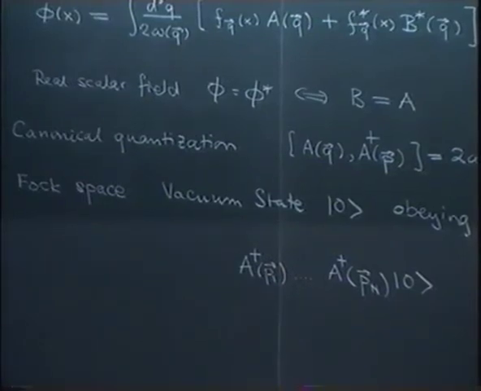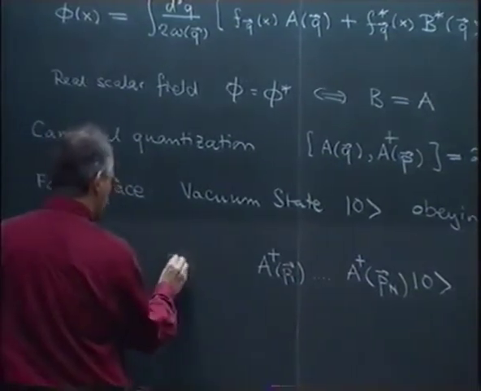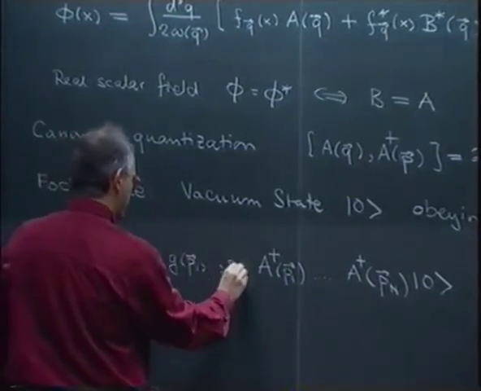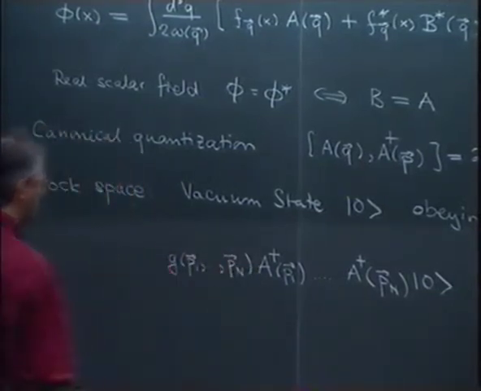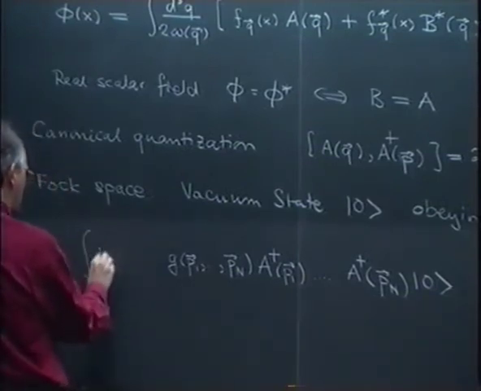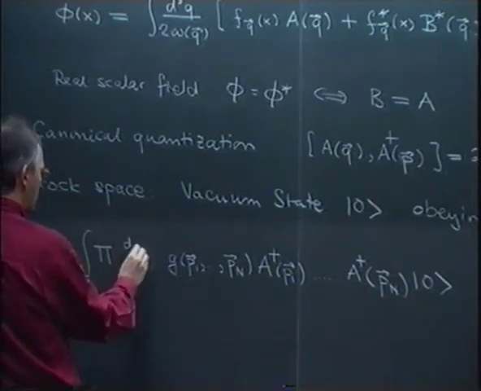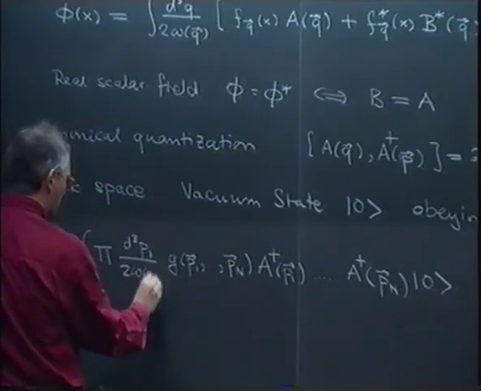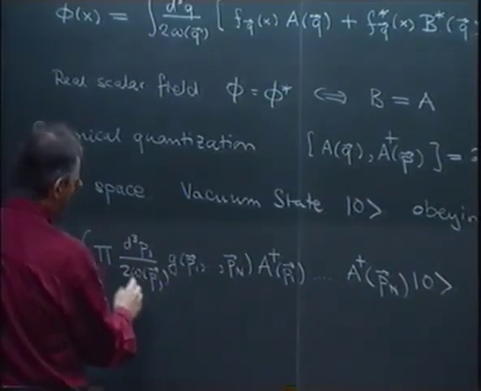But we can also smear this out with some kind of n-particle wave function. This we can do. And we have to integrate, of course, over the d3pj over this factor.